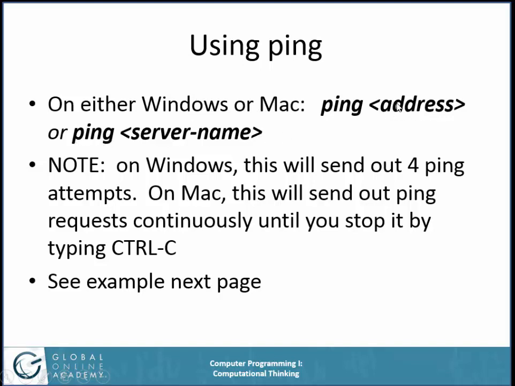You can give the address as an IP address or as the name, like globalonlineacademy.org. On Windows, it sends out 4 ping attempts, and it tells you how long it took for them to come back. On the Mac, it sends out ping requests continuously, so you have to remember to type Control-C or else it'll keep pinging forever.